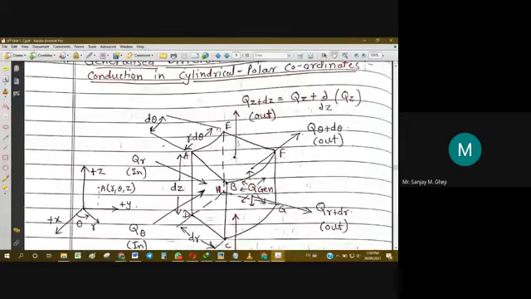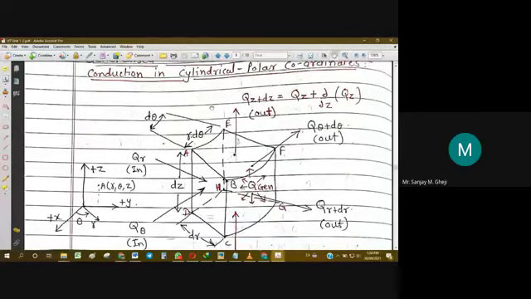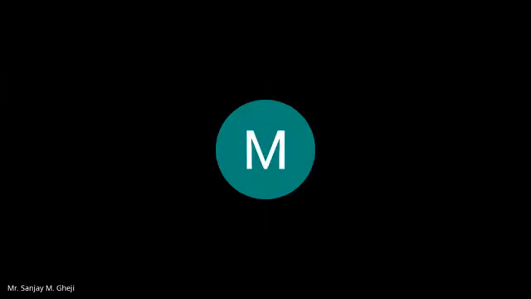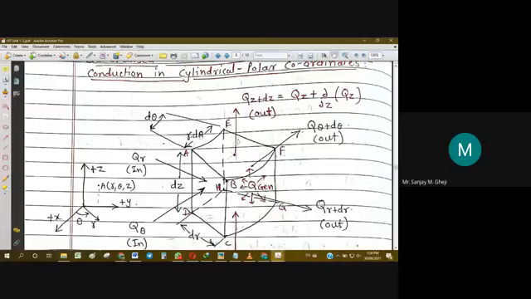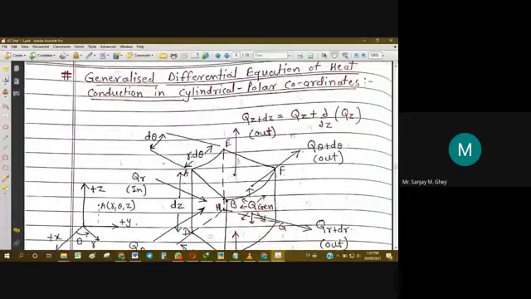So when we want to apply this equation in cylindrical form, for cylindrical objects such as a metallic rod, a large pipe, and so on, in that case we have to go with cylindrical coordinates.